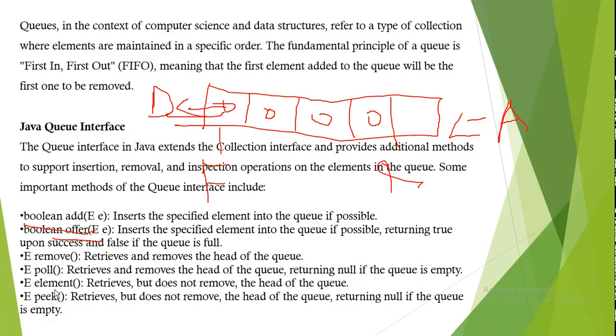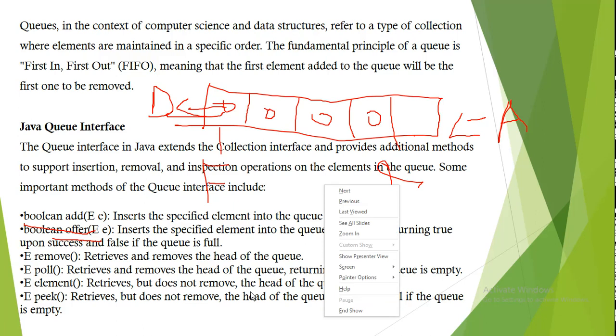So what is the last method that we have? We have the peek method. It will retrieve but not remove the head of the queue. What is the thing that they are telling? It will retrieve the head of the queue, returning null if the array is empty. So imagine that.